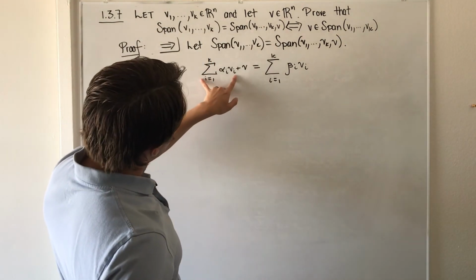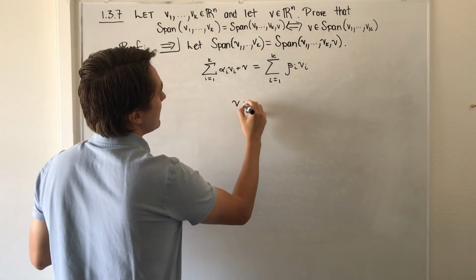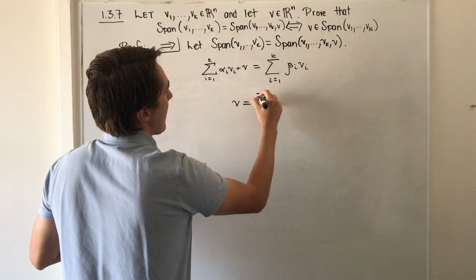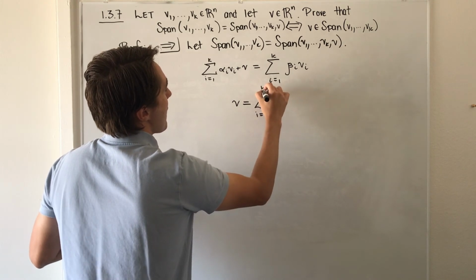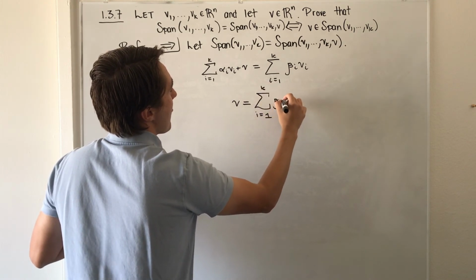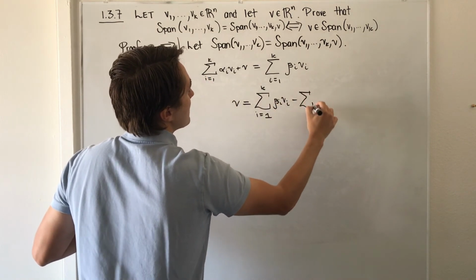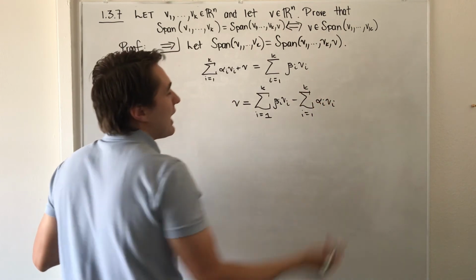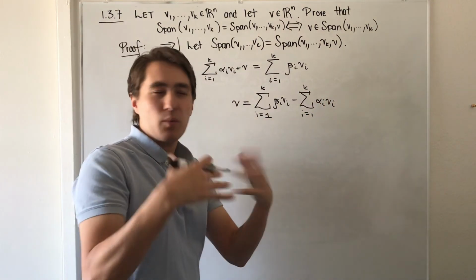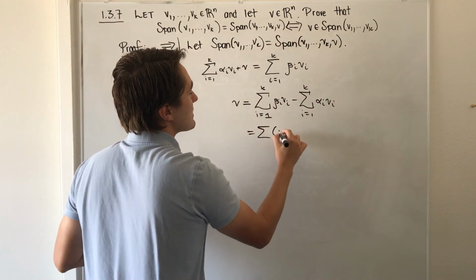Well, if I move this sum over to the other side, I'm going to get v equals this guy minus this guy over here. But now we just play the same trick that we did before. Just move everything together, and you're going to end up with this.